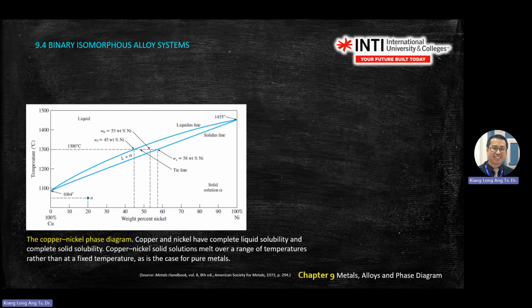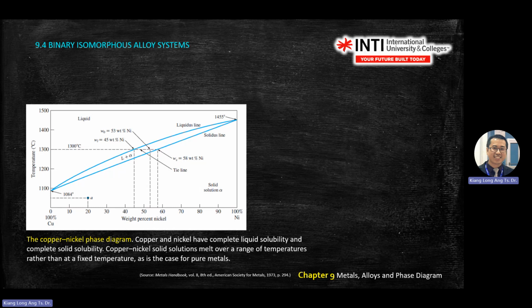This blue line represents a two-phase line. If I look at the lower blue line here, what does it represent? This line has two neighbors: liquid and solid alpha.